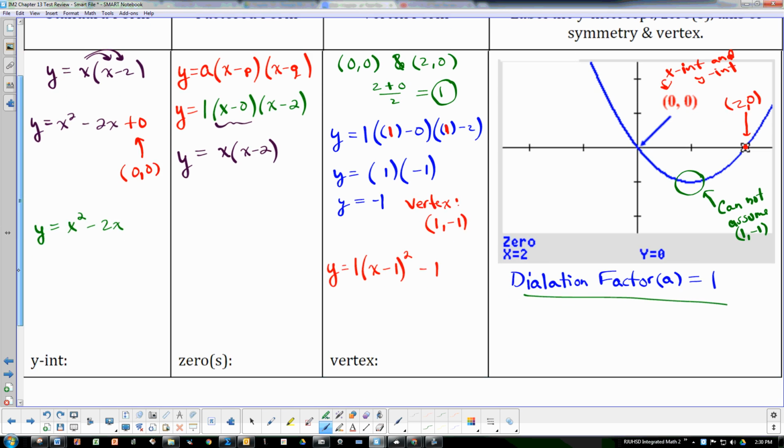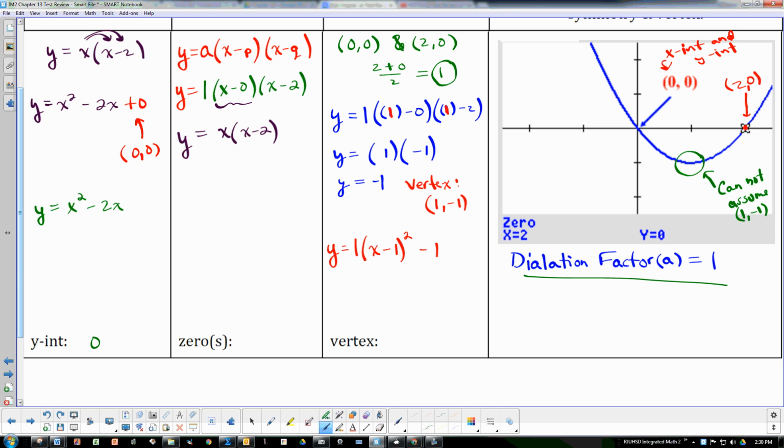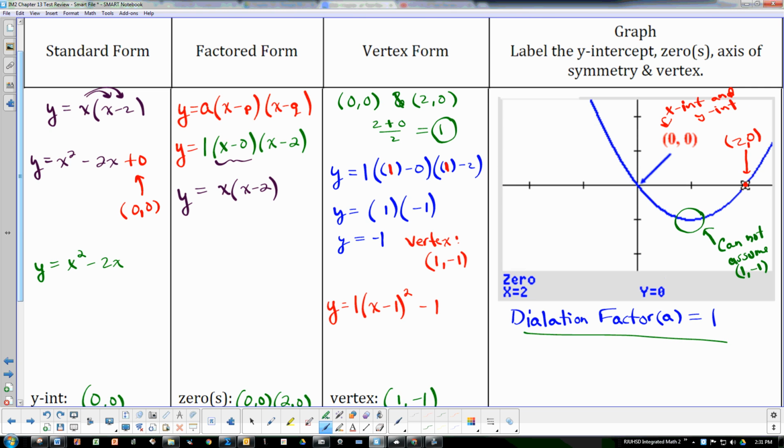Perfect. Okay, y-intercept is (0, 0). The zeros are (0, 0) and (2, 0). Those are the x-intercepts. Vertex is going to be (1, -1). We have one last thing to do, and it's usually something that I've just forgotten.